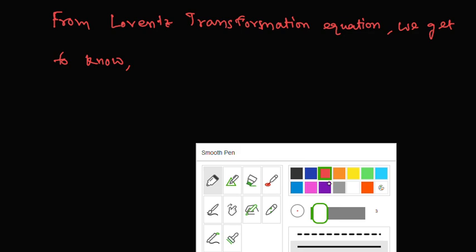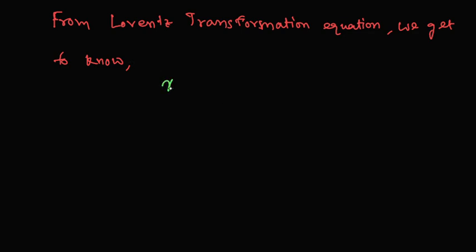x1 prime equals x1 minus vt whole into gamma.